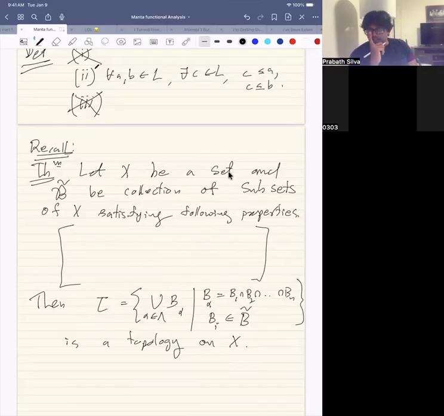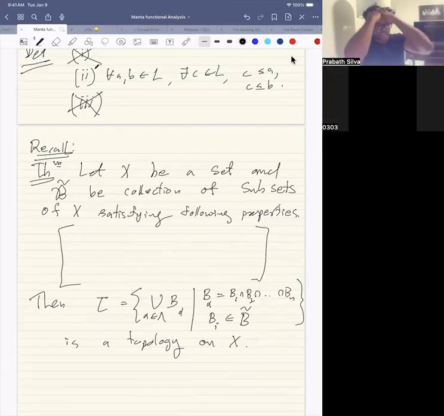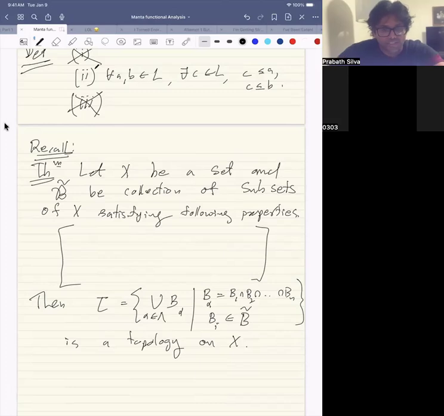No. So the point is, when we talk about a basis, we talk about a basis of a topological space. And what we are trying to do here is we have a collection of sets, and then you just generate a topological space out of that. So maybe this is the notion of a topology generated by a collection of sets.